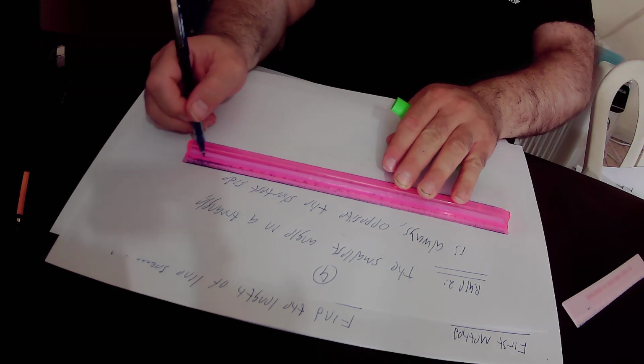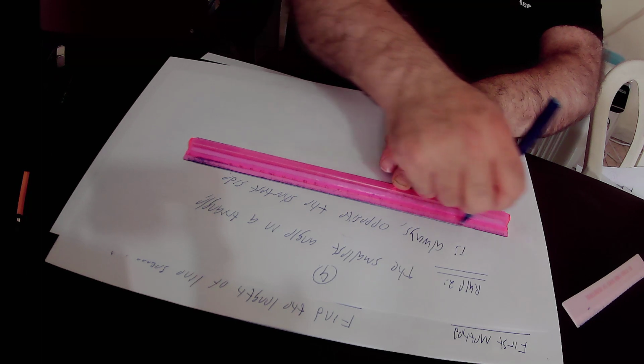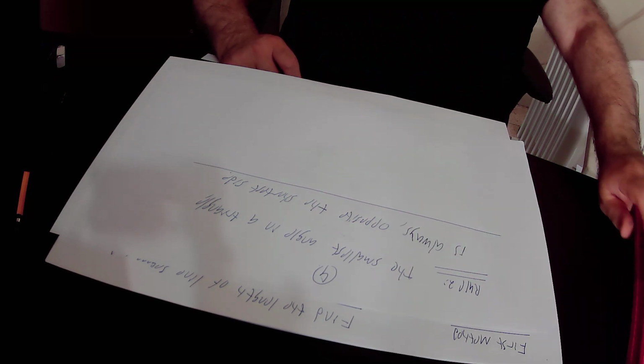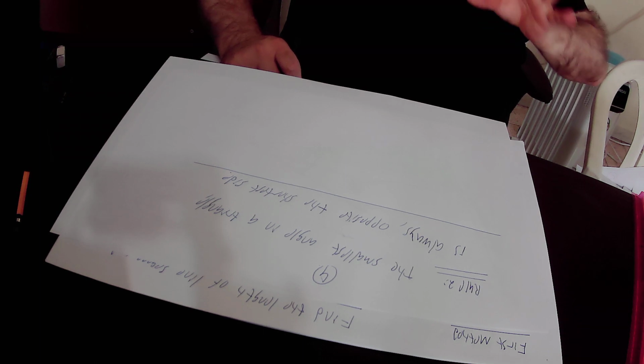So I'll read rule number 2 again. According to rule number 2, the smallest angle in a triangle is always opposite the shortest side.